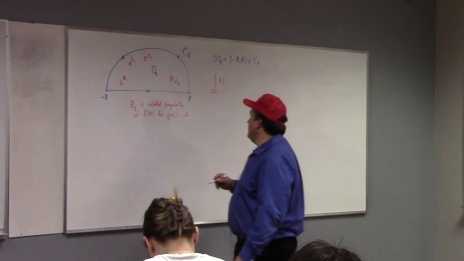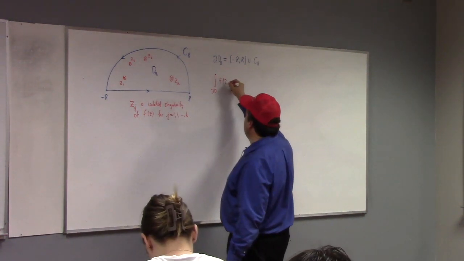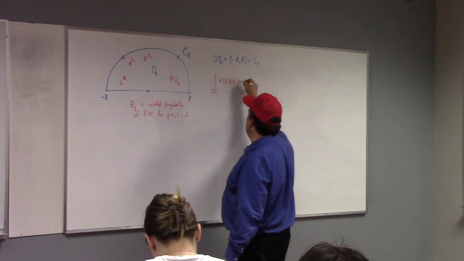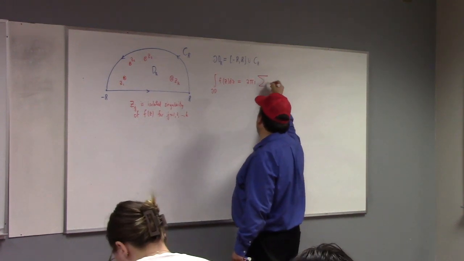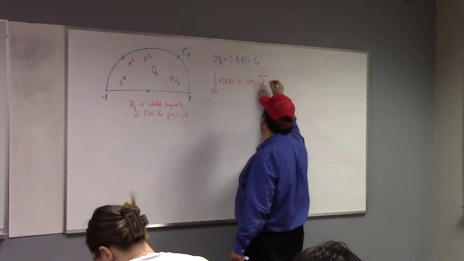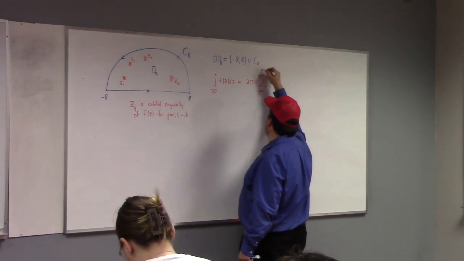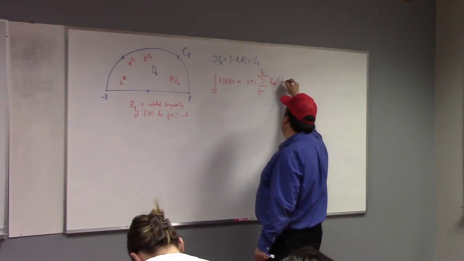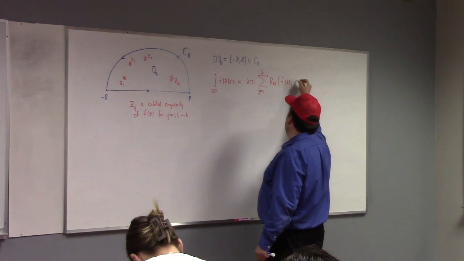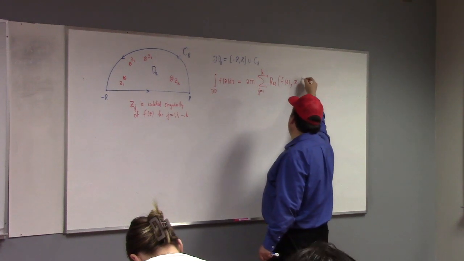Then the integral over the boundary of D of f of z dz by Cauchy's residue theorem is 2 pi i times the sum, j equals 1 to k, of the residue of f of z at z sub j.